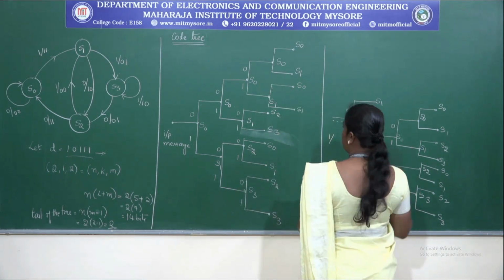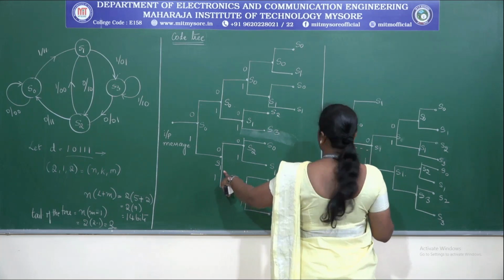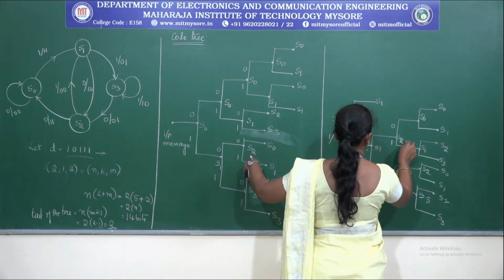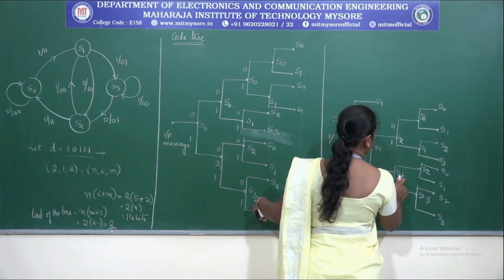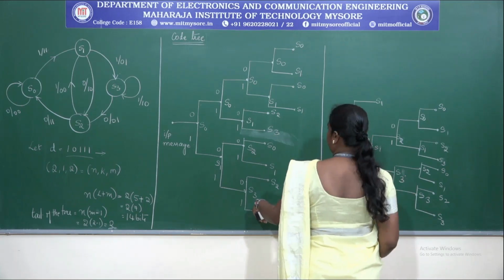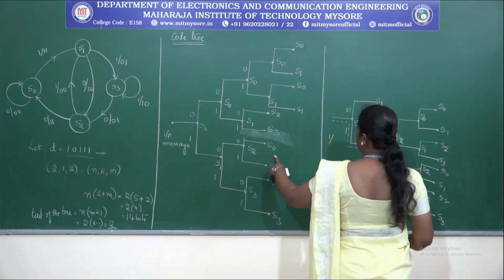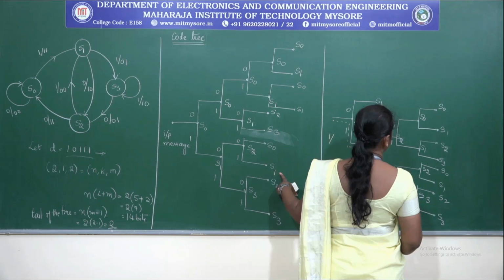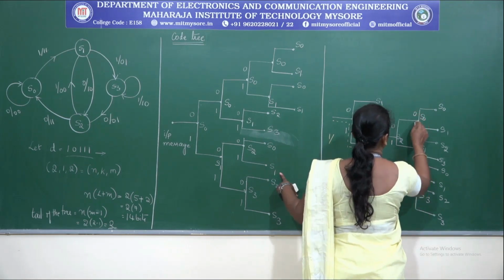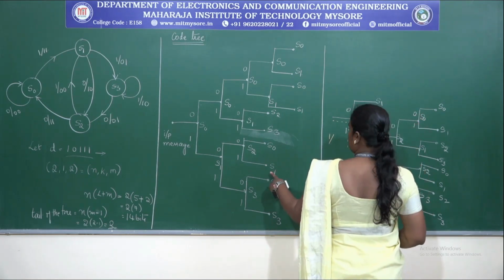And this should be S1 with input 0, it is S2, and this is S3, and S2 to S0 and S1. So this is with input 0 and input 1.